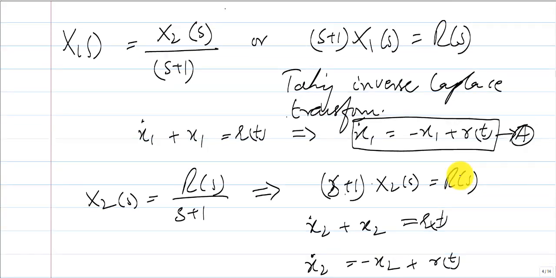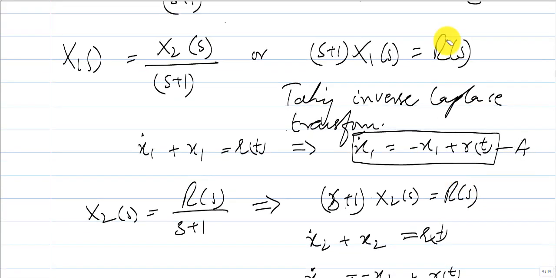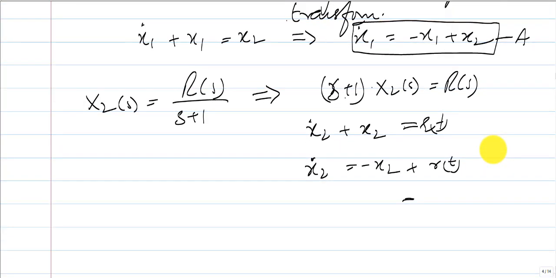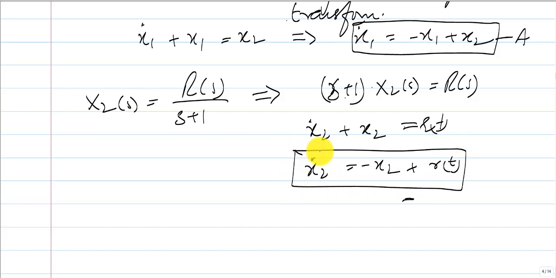Sorry, we have made this small mistake. This is not R of s, this is not R of t. As we can see, it is X2 of s, so it will be X2, and it will be X2. So there will be no R of t here. So the second, X2 dot will be minus X2 plus X1, so we call it B.